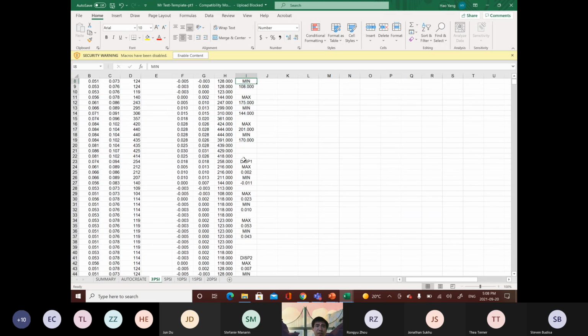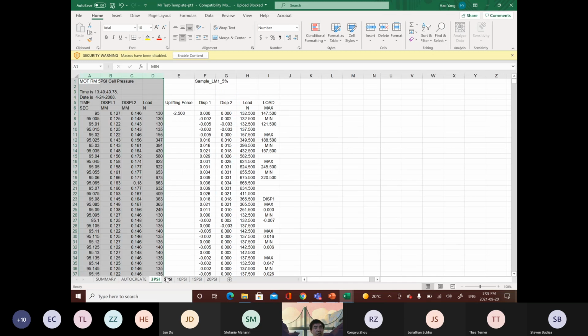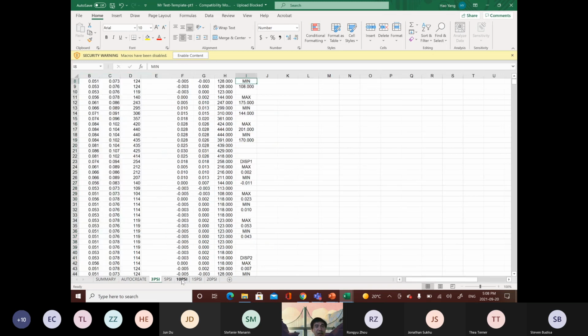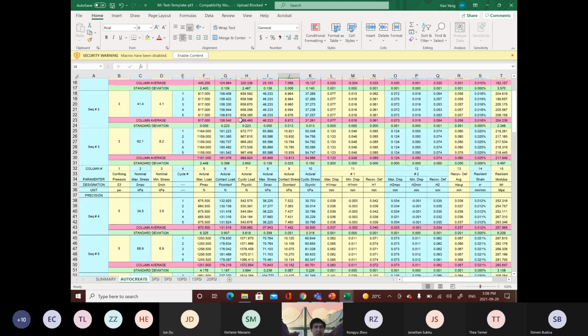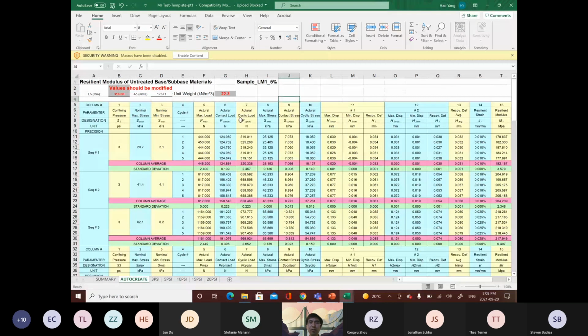And also you need to identify the maximum and minimum strain, which is applied to determine the resilient strain. For each scenario, 3 psi, 5 psi, 10 psi, you need to find out these maximum and minimum values. Then these values will be automatically assigned to the auto-create sheet, and it will show the result from each sequence under different loads.